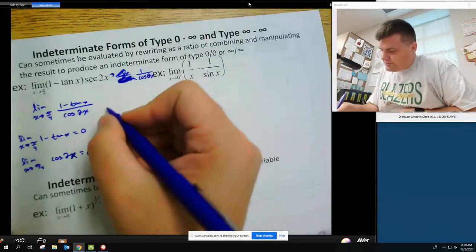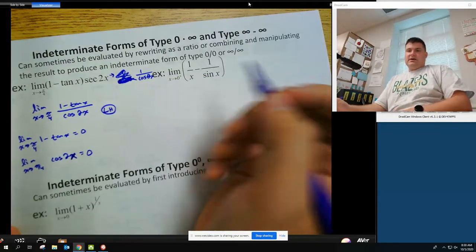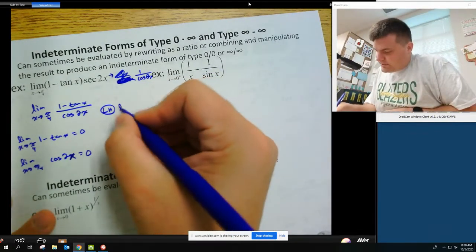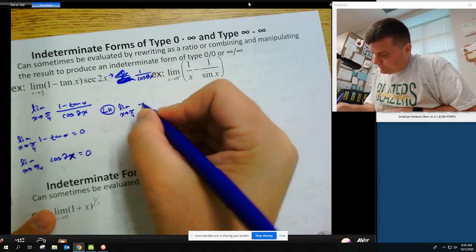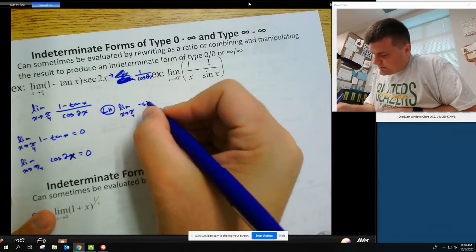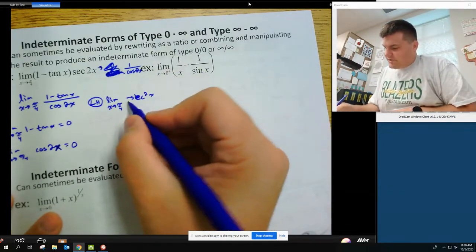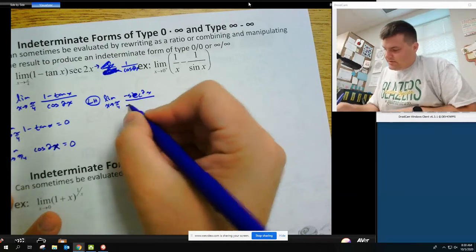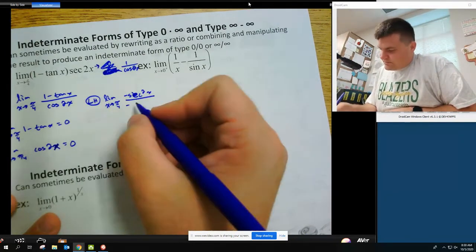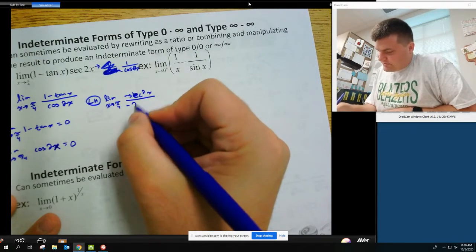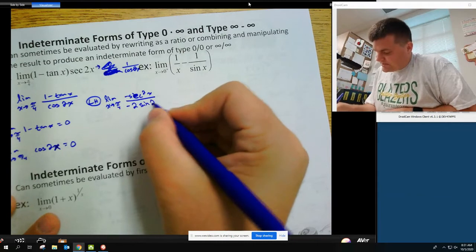So I do need to L'Hopital it. So the top's going to give me negative secant squared. Oh boy. There we go. Negative secant squared. Bottom's going to give me negative. The inside is going to be 2 sine 2x.